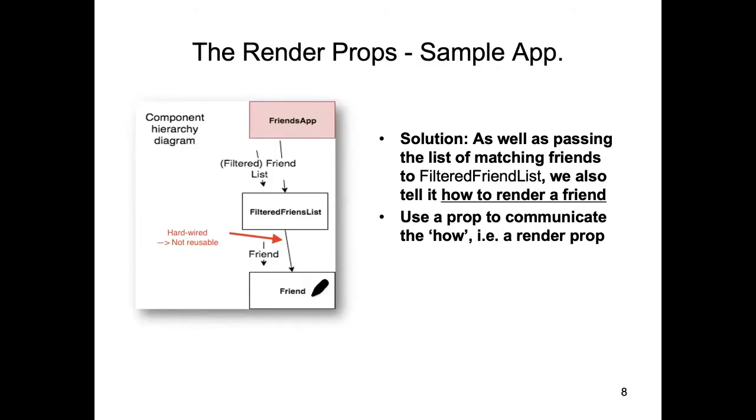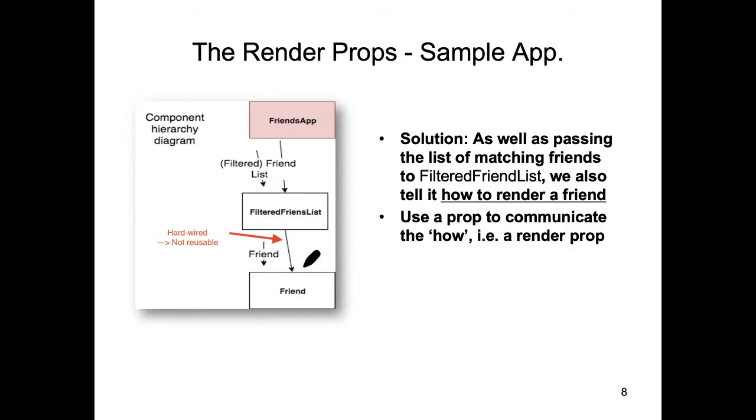Whereas on the previous slide, I have two different ways of rendering a friend, but I'd still like to be able to reuse this component, because what it does is the same between my two applications on the previous slide. It's going to map over an array of friends and produce the output, but the output that it produces is going to be different.